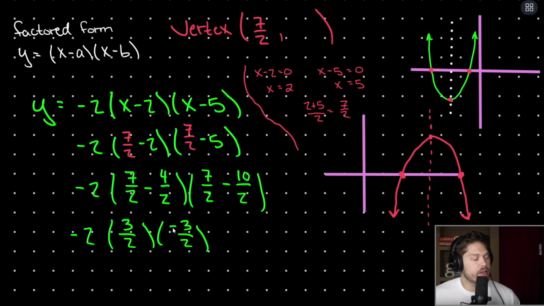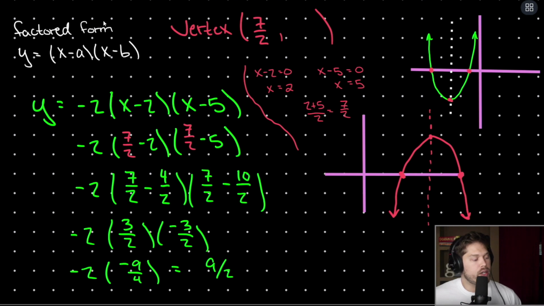And we multiply all this through, and what do we get? Well, 3 halves times negative 3 halves is going to be negative 9/4. And then this negative 2 cancels with this 4, and the negatives cancel to leave us positive 9/2. So the y-coordinate for our vertex is 9/2.